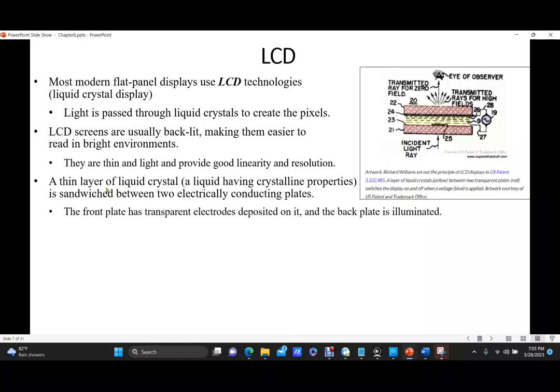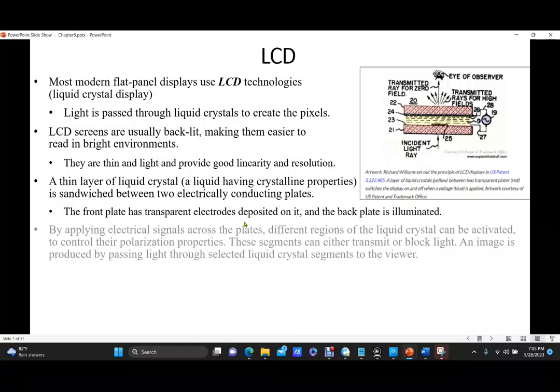A thin layer of liquid crystal, liquid that has crystalline properties, is sandwiched between two electrically conducting plates. The front plate has transparent electrodes deposited in it, and the back plate is illuminated.